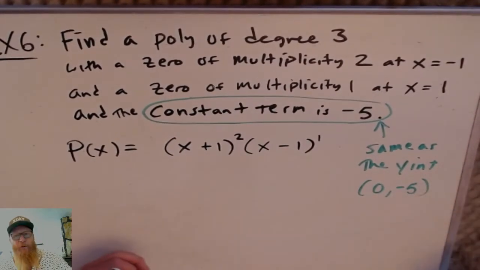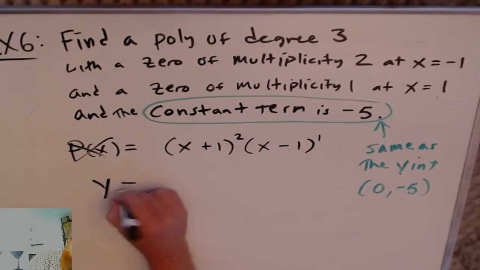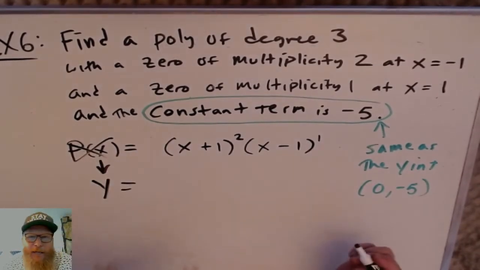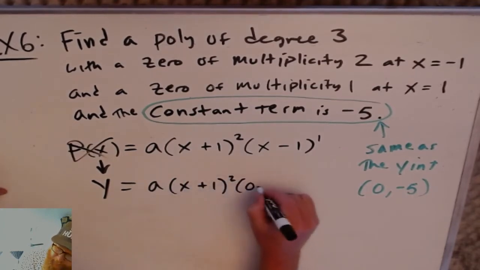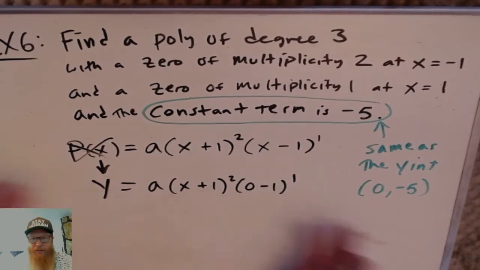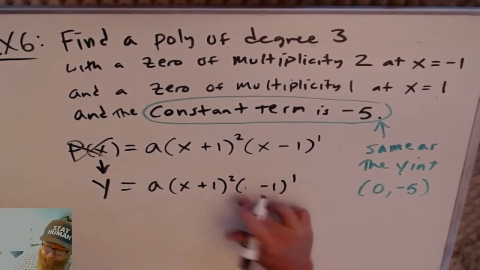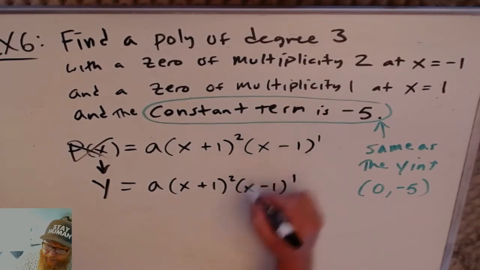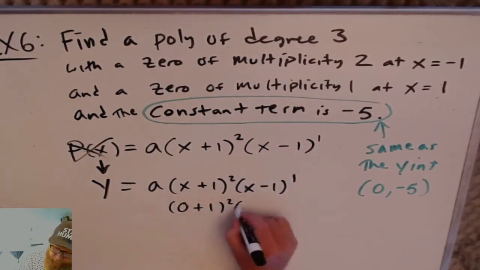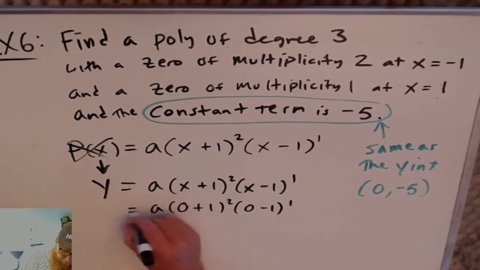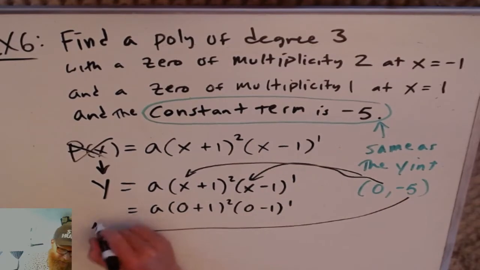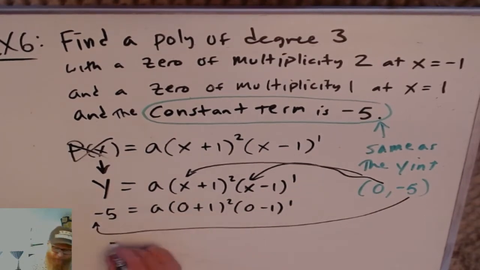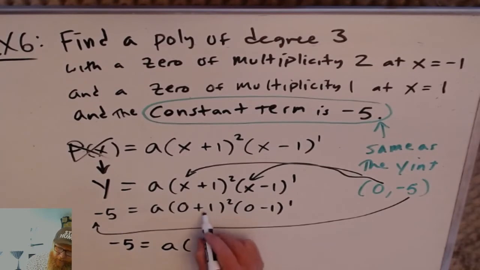So what are we going to do? We're going to call this y. I should have just done that to begin with. We're going to put our a in front, and we're going to solve. All of our x's are going to be 0, and our y is going to be -5. 1 squared is just 1.